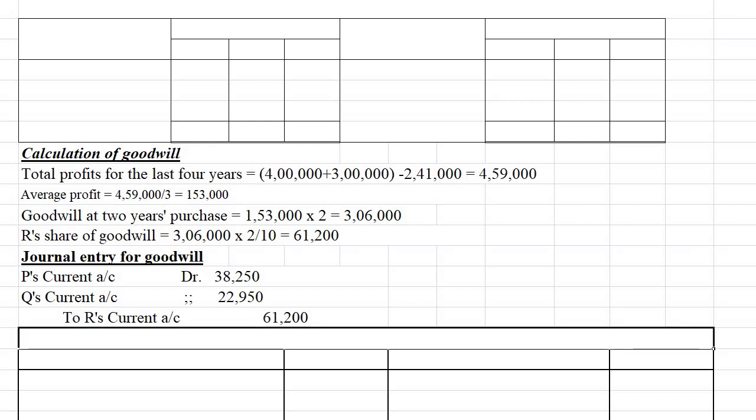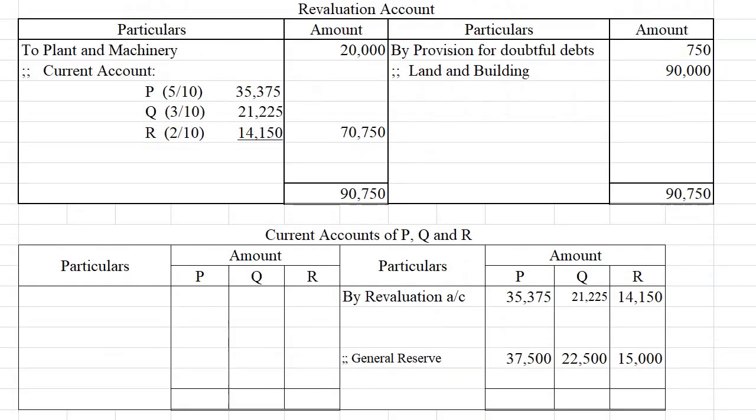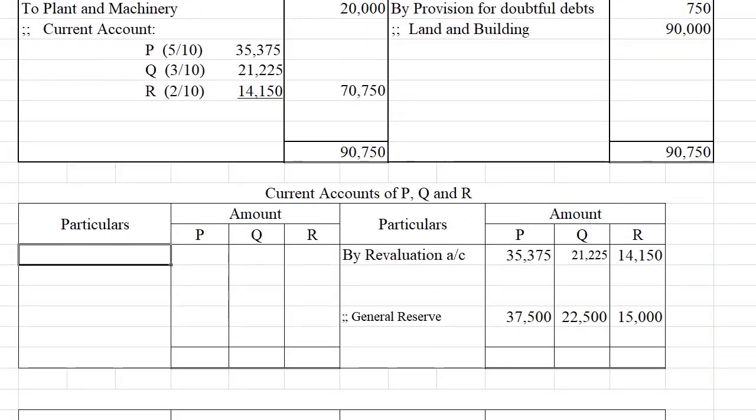Now this is to be entered in the current account. So what we can write in P's and Q's current account, we have to write to R's current account. To R's current account in the columns of P and Q. Okay.